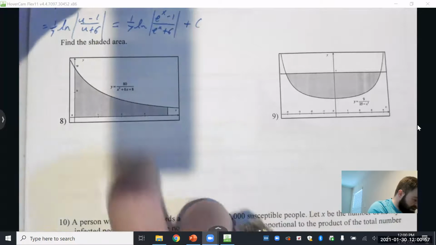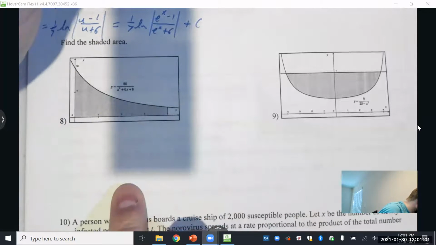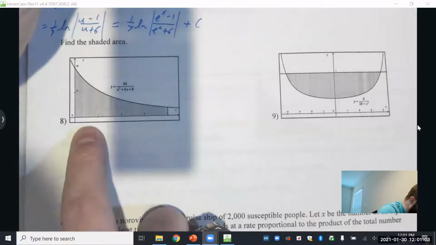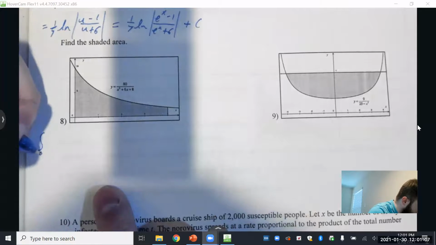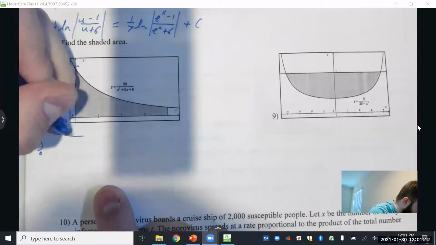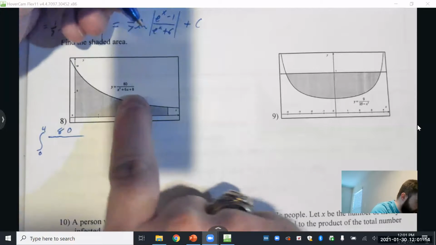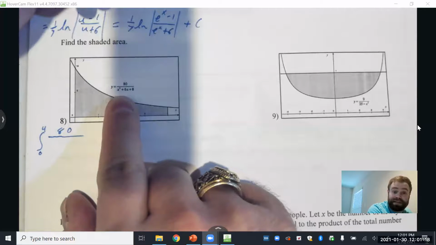Number 8. Well, we want the area under that function, which is the integral from 0 to 4 of 80 over, well, let's go ahead and factor that. How does x squared plus 6x plus 8 factor?